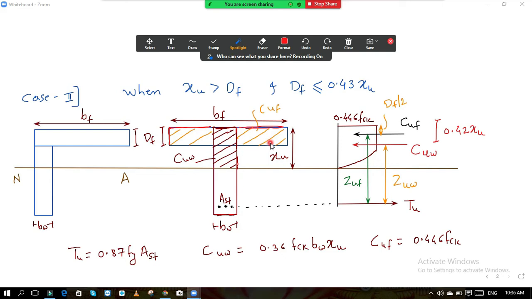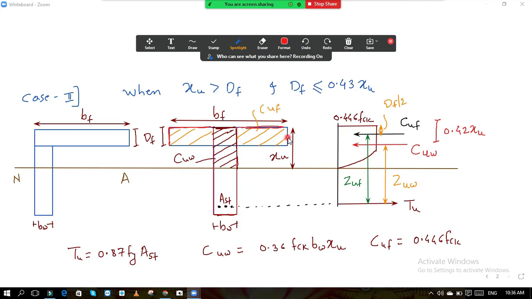You can measure it on our 15 centimeter scale: 4 inch is 10 centimeter, and 6 inch is 15 centimeter only. That is why the stress is uniform here, so we have taken it as 0.446 FCK.